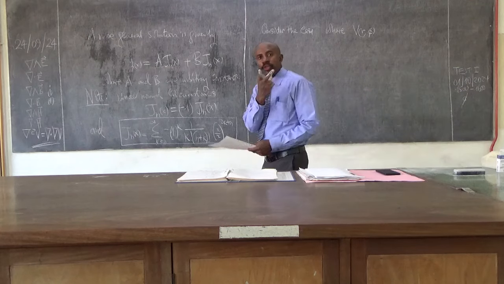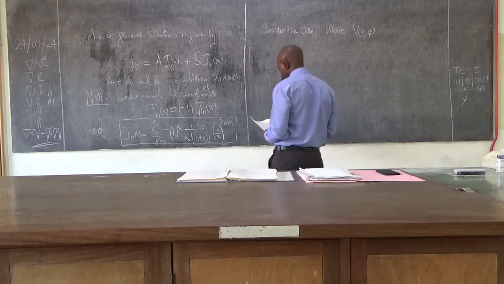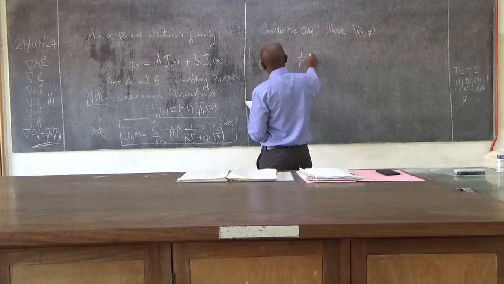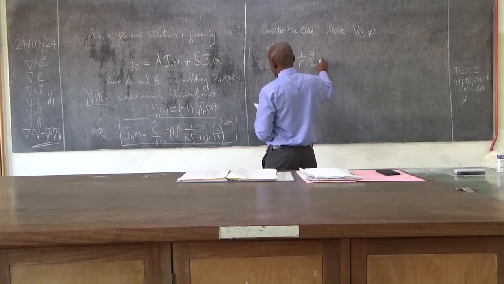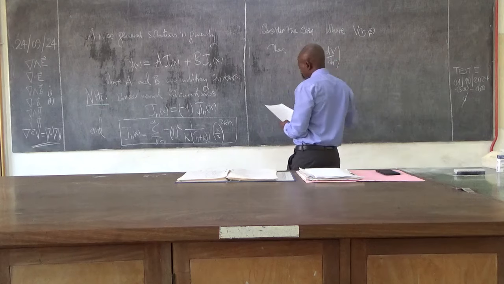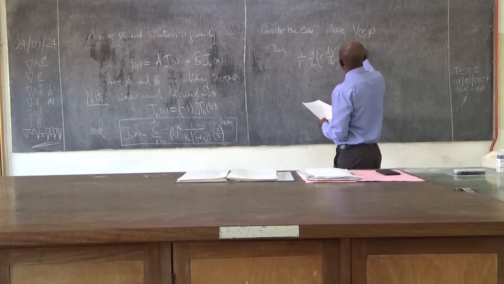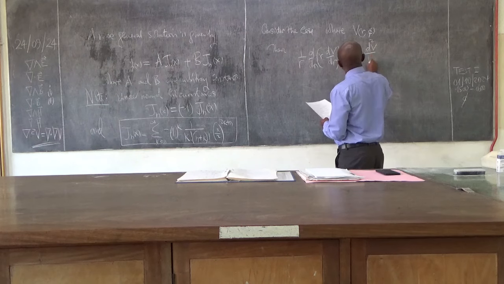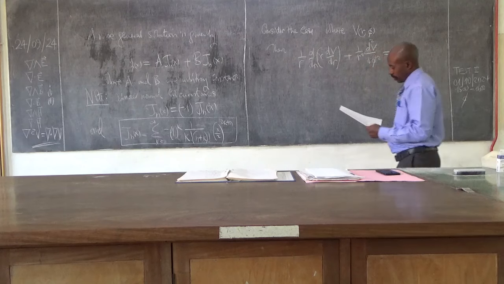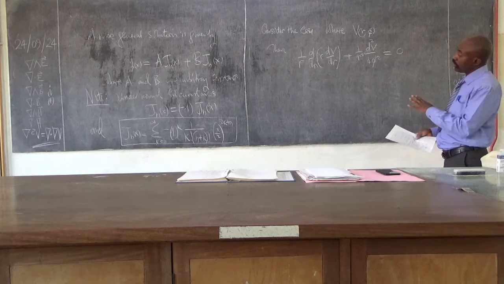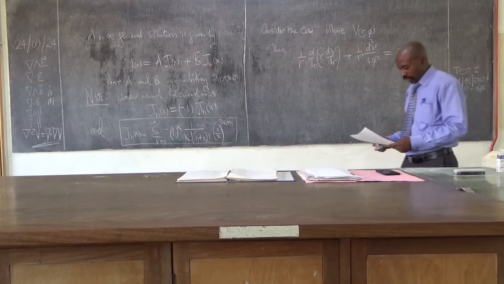Then we remain with two parts of the Laplacian equation, which is 1 over r d/dr of (r dV/dr), plus 1 over r squared d squared V over d phi squared equaling 0. So it is varying along the azimuth as well as along the radius.